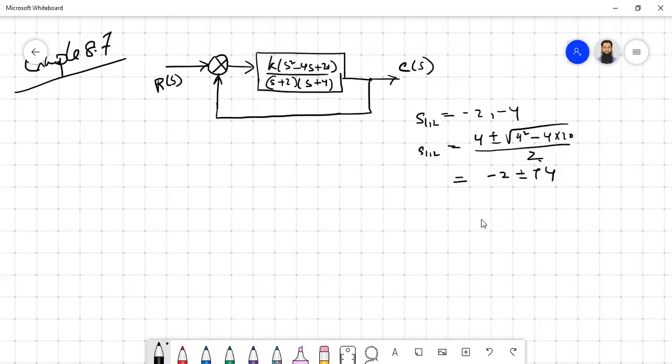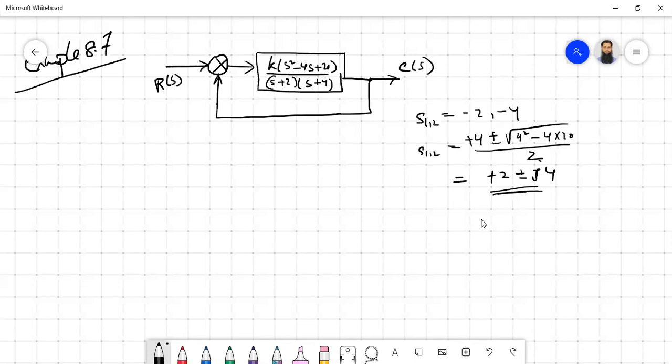So basically we have two finite zeros and two finite poles. The zeros are at complex locations. Sorry, it is actually plus 2, because we have a plus sign here as well. And the zeros are in the right half plane.